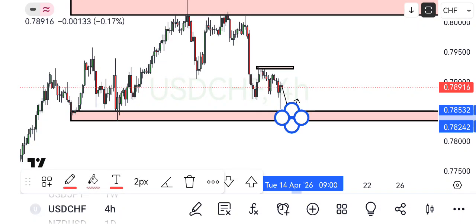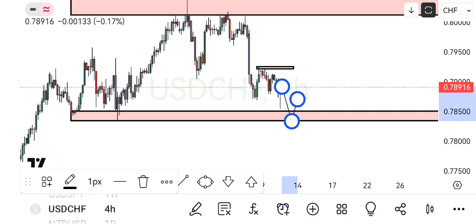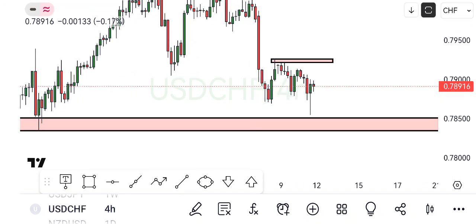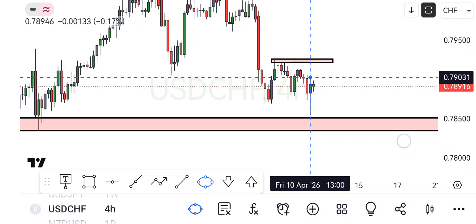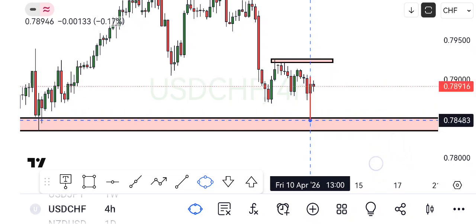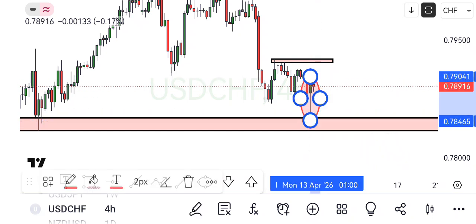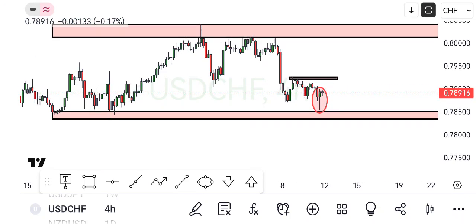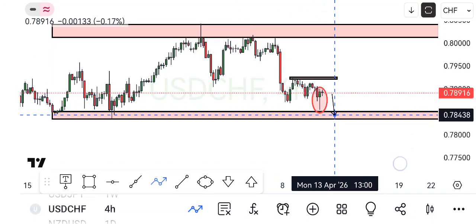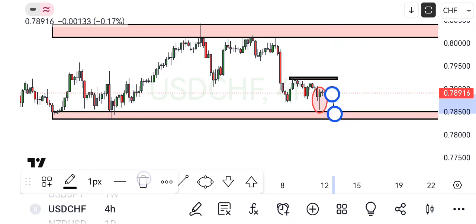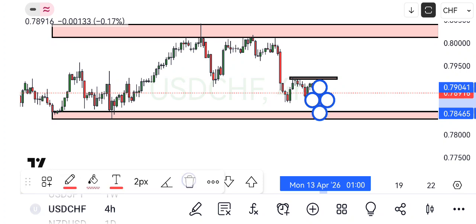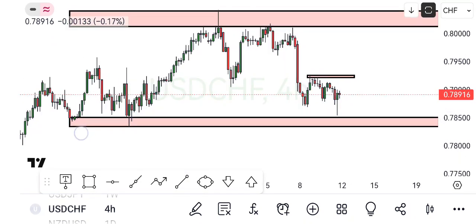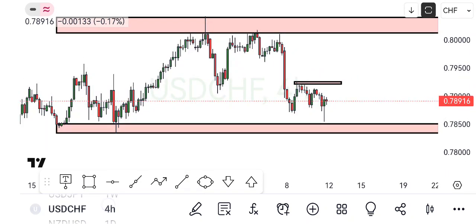This candlestick alone would have been a confirmation enough for me to buy if it was deeper in this area somewhere, so that my risk to reward will be good.